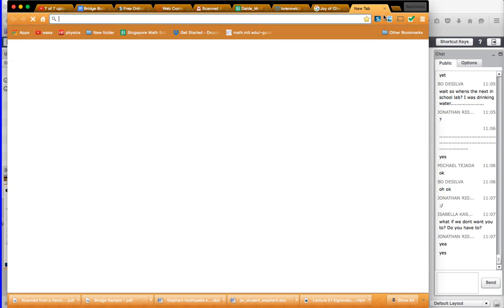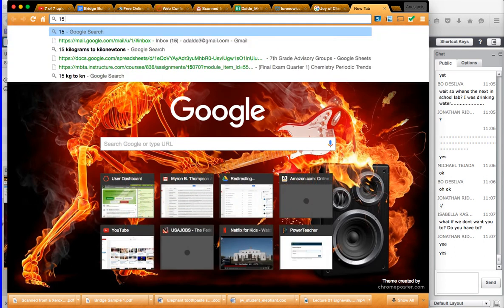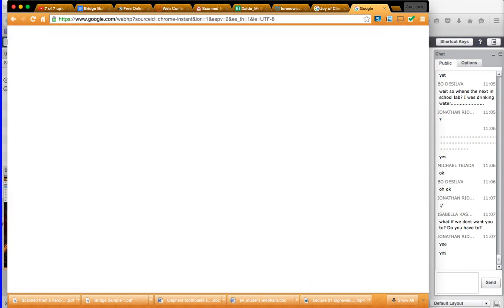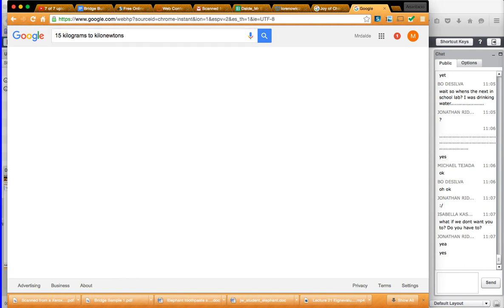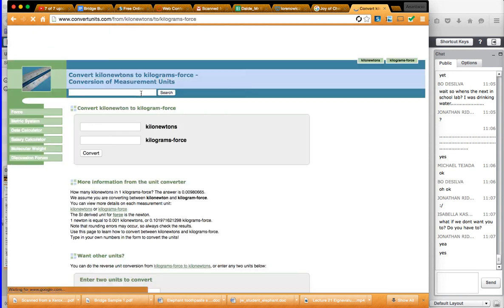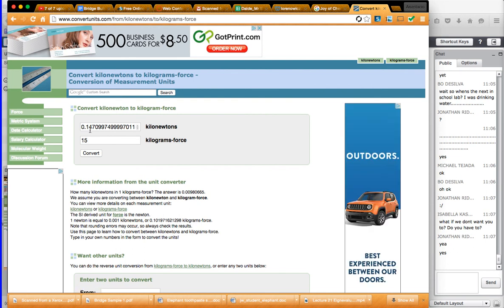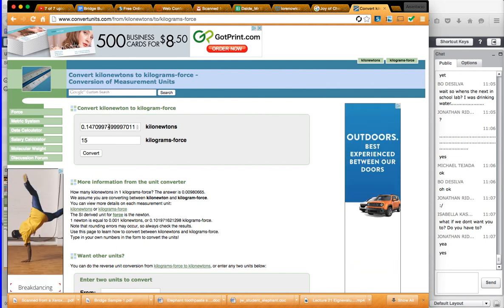So I asked the computer to convert 15 kilograms to kilonewtons. I just typed it in the search bar and it gave me a little conversion. I'm going to type in 15 here and see what I get. So apparently 15 kilograms is the same as 0.147099 kilonewtons.